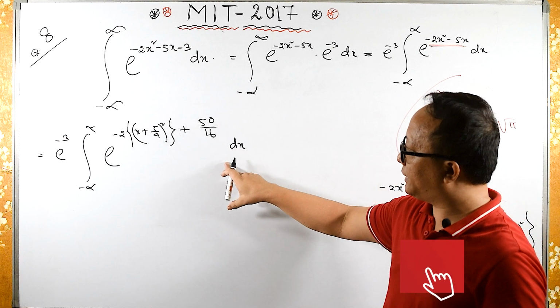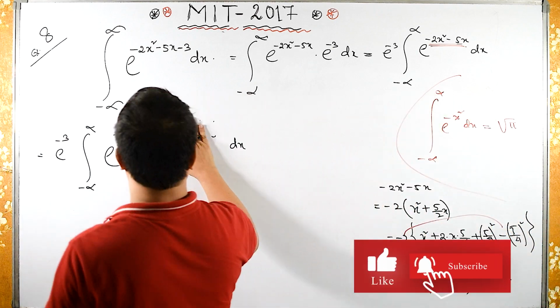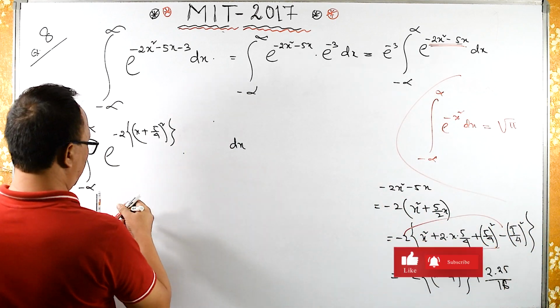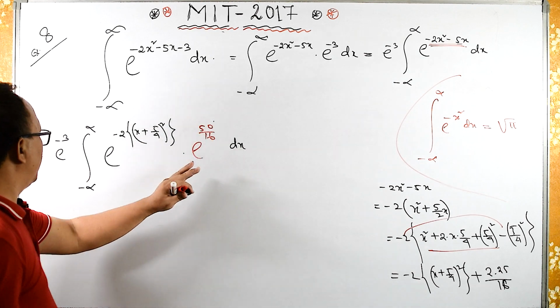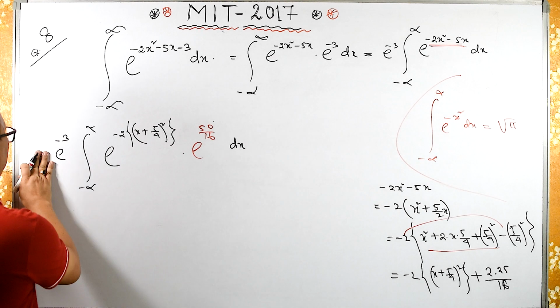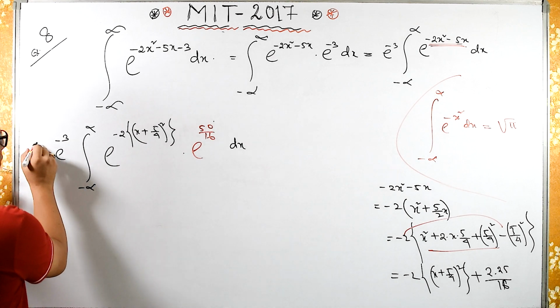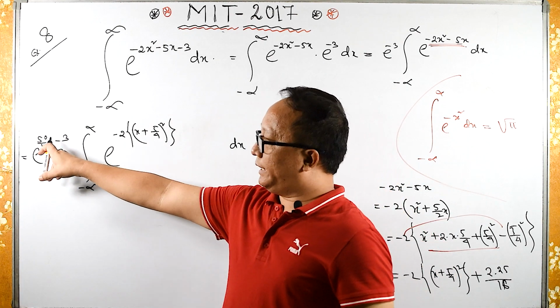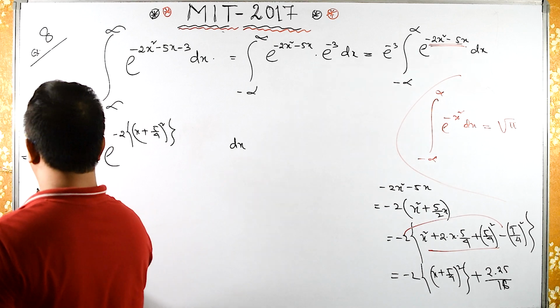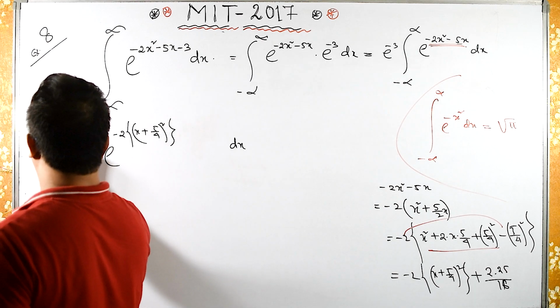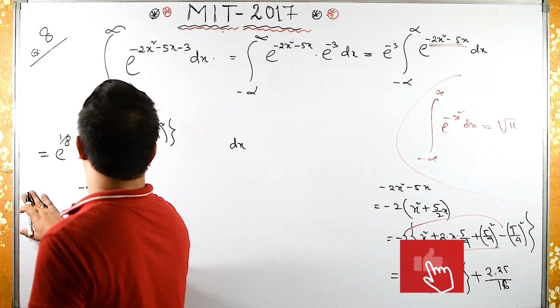This 50 upon 16 I can write as a separate factor, e raised to 50 upon 16. Since it is constant, I can send it outside again. Now if the bases are equal, we can add the indices: 50 upon 16 minus 3 gives e raised to 1 by 8.